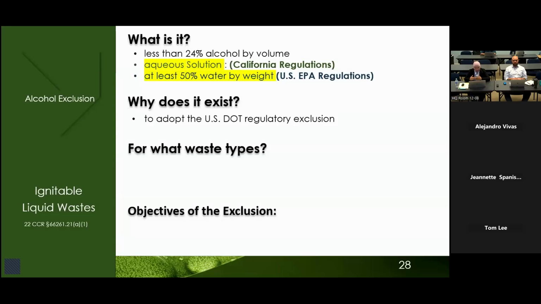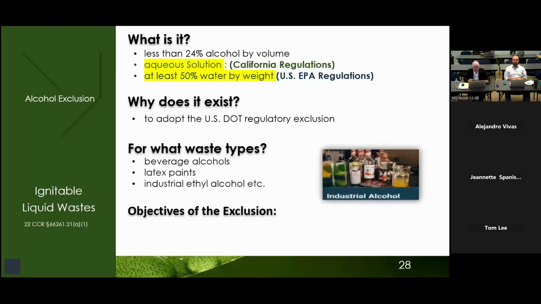The goal was to avoid over-regulating low-risk waste streams by not putting unnecessary restrictions on waste with little fire risk. It keeps the focus on real hazards. California adopted this rule too by staying consistent with federal practices at that time.